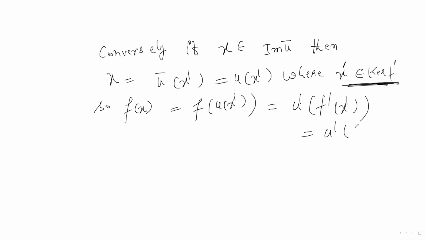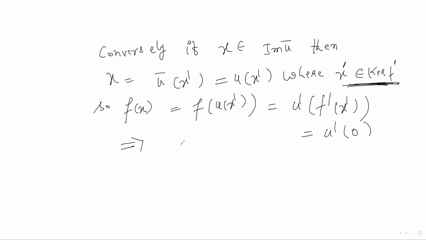So this is u dash of 0. Now u dash भी इंजेक्टिव है, ठीक है, या यहाँ से आप कह सकते हैं x belongs to kernel of f.